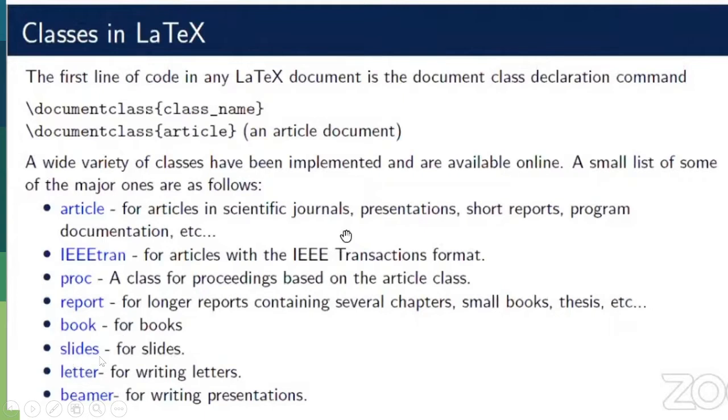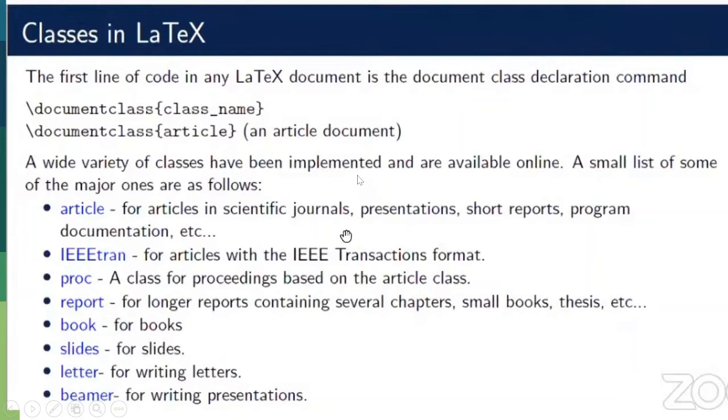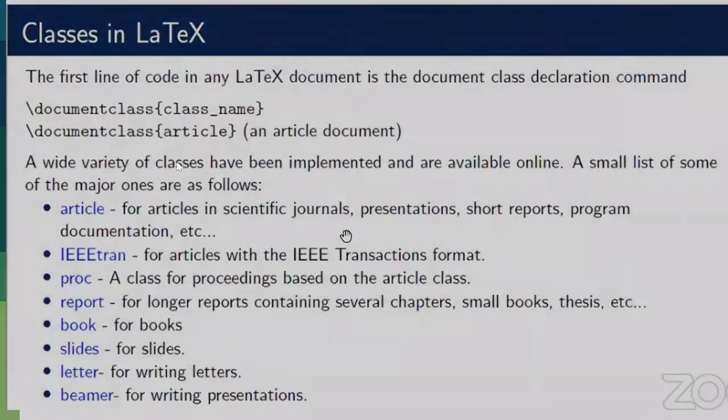Or if you want to create slides or a beamer presentation, that will appear in the document class. I'll show you when we discuss in the software itself. So this is the first and foremost thing: the class should be mentioned in the first line of every LaTeX document.